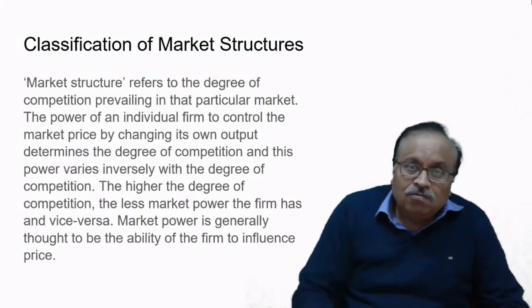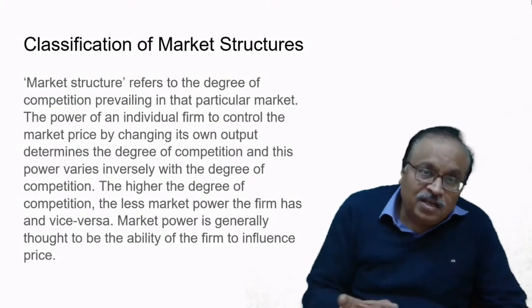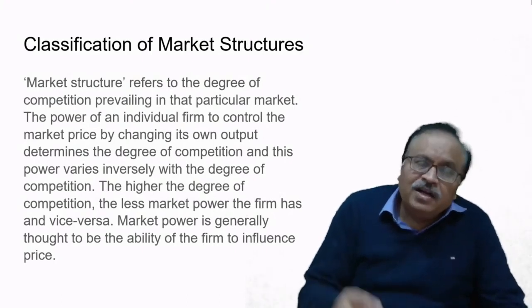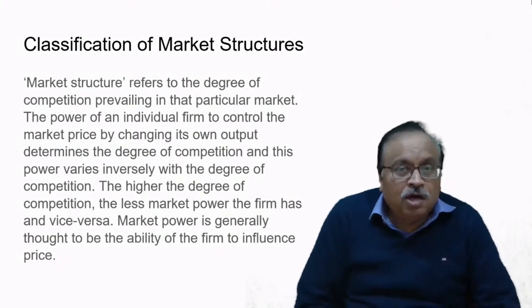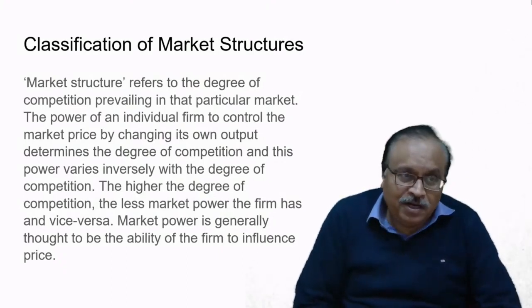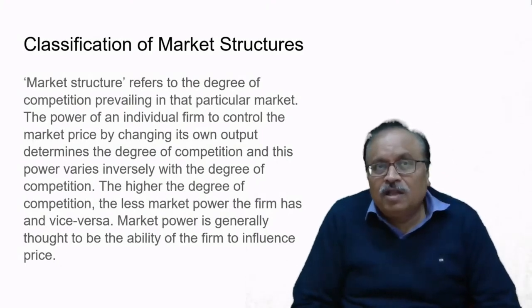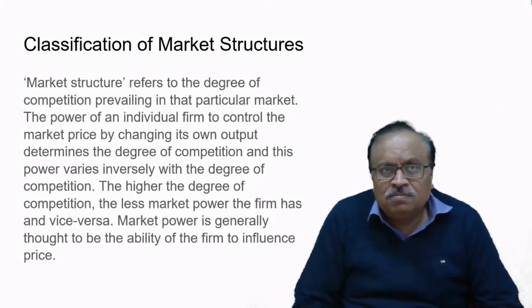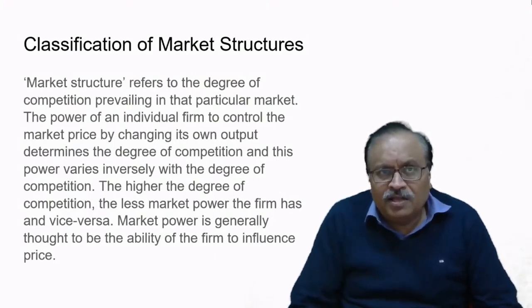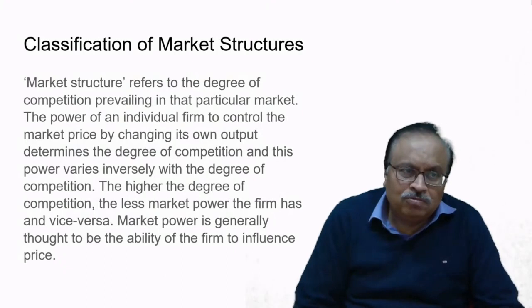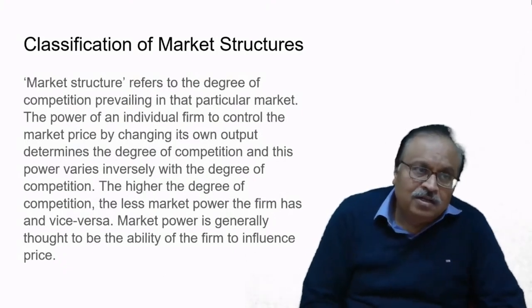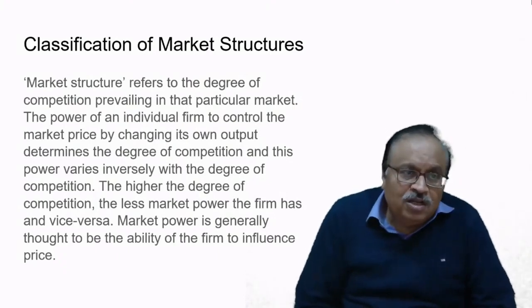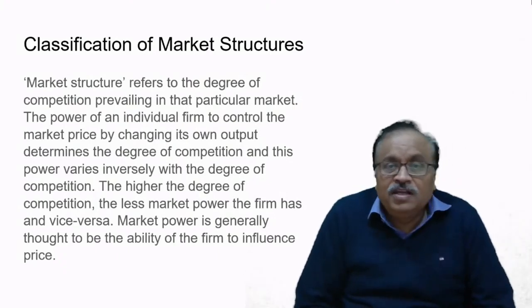It may have one structure which works in a physical format, but it has other formats also. The more popular nowadays are the online formats. A lot of companies are coming online, so you go on their website, decide about the product, purchase it, pay online, and the product is delivered to your home. The market structure refers to the degree of competition prevailing in that particular market.